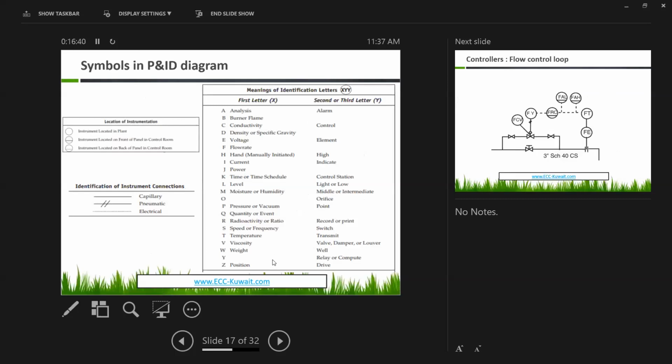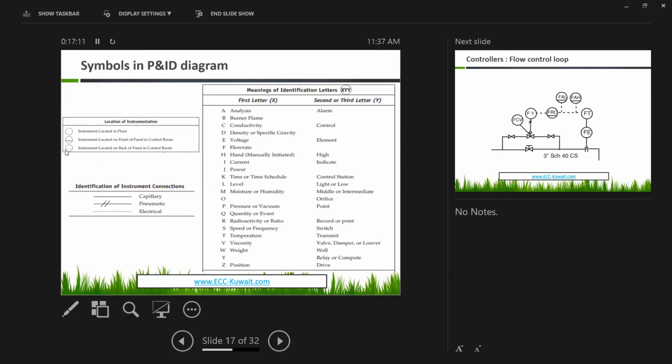Okay. First of all, we have three types of circles. The circle that is vacant, with no line inside, indicates that the instrument is located in the plant. If we have a continuous line inside the circle, the instrument is located on the front of the panel in the control room.